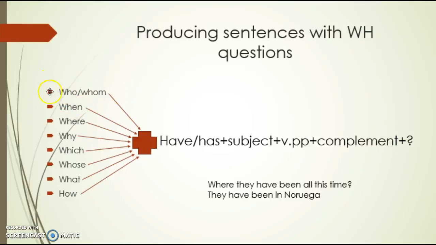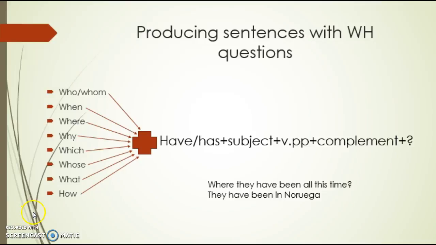So the WH questions are those words here: who, whom, when, where, why, which, whose, what, how. And we use them to get more specific information about what we want to know.